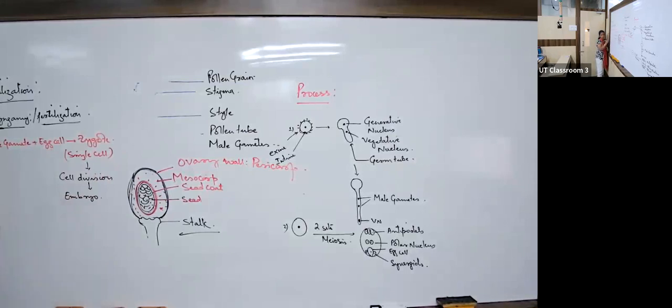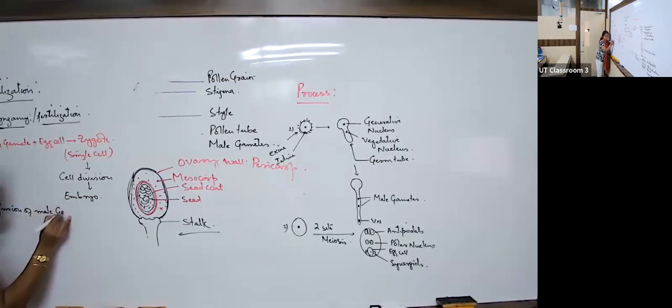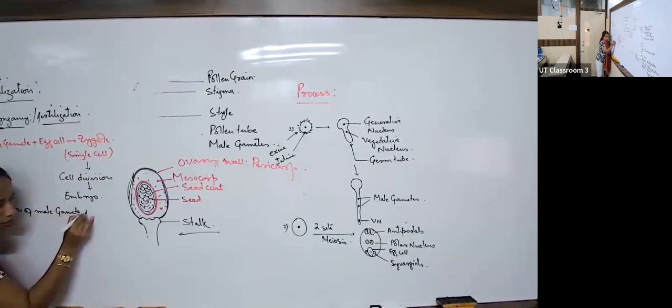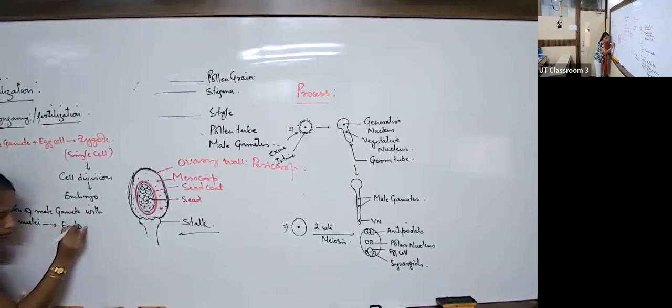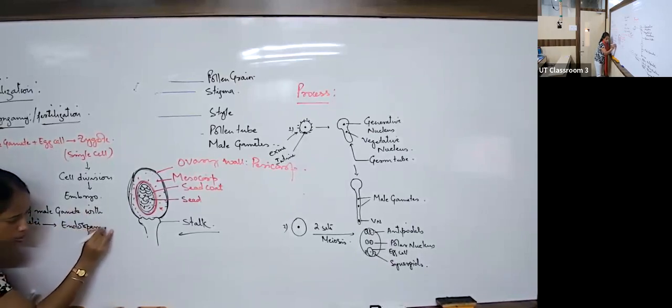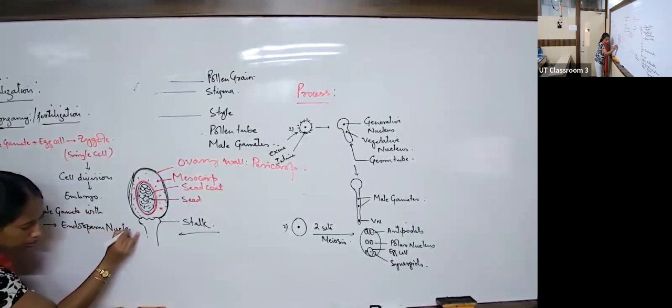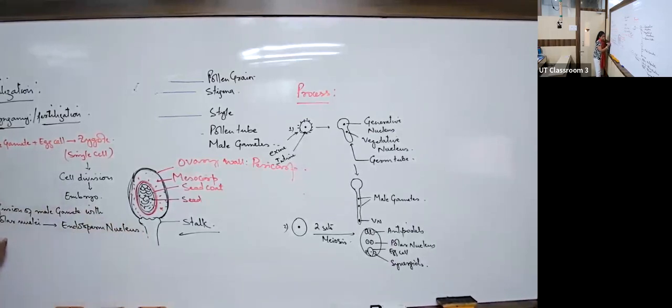Then what is the second step that we are going to understand? The second step is the fusion of the other male gamete with the polar nuclei. Then this will give rise to what?